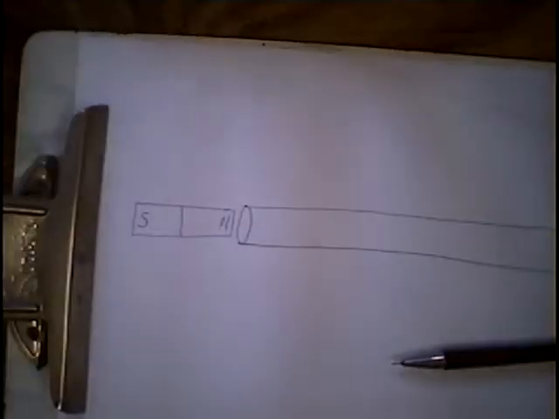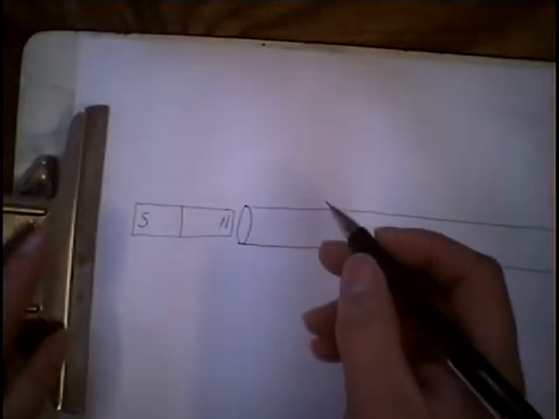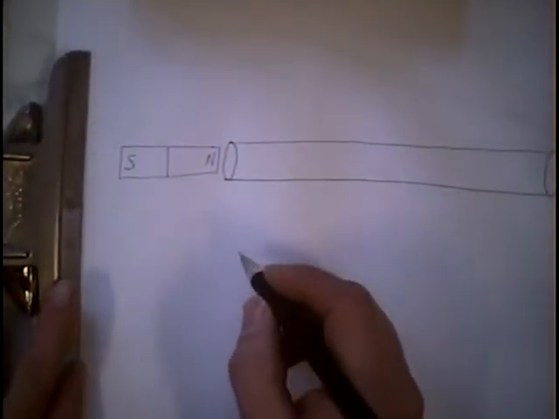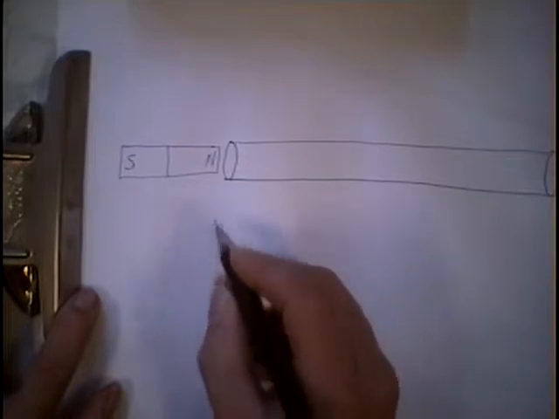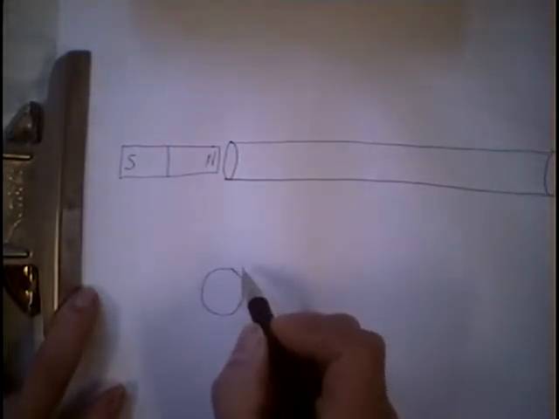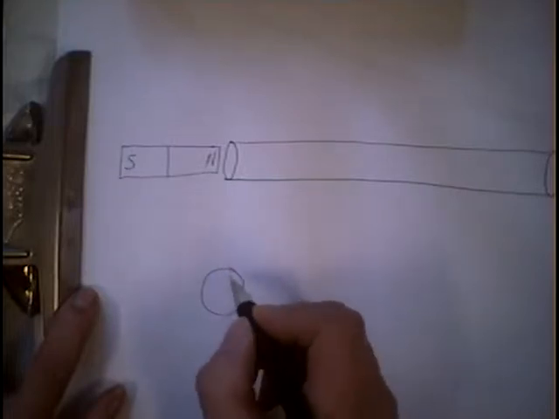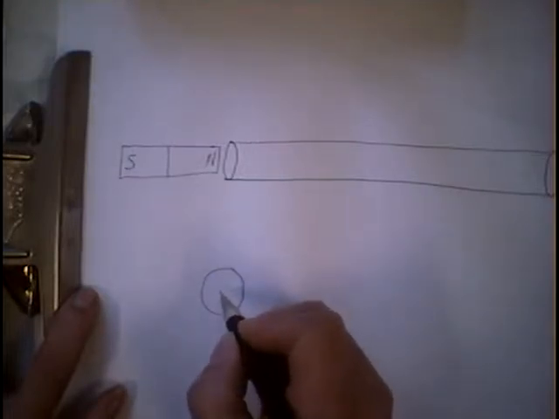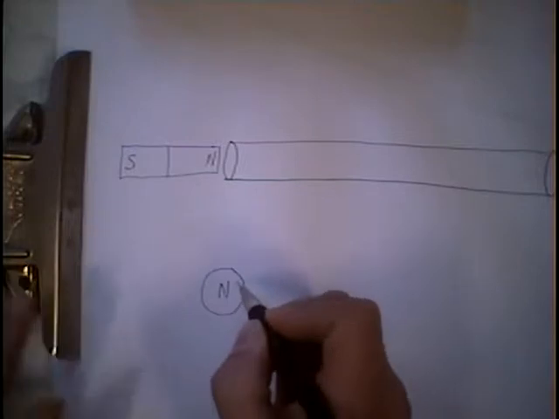Now the reason why that happens is the magnet. Okay, we're going to look at the end of this magnet. The magnet here has the electrons, and now it's pointing right at us, so we're looking at the North Pole.